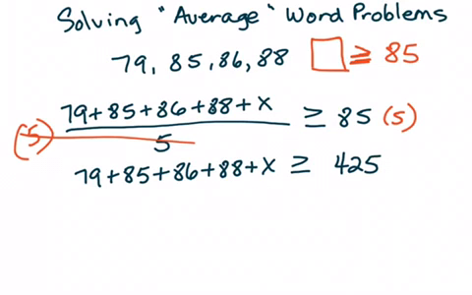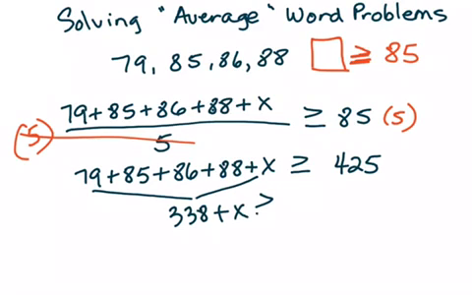All right, now when I add these numbers together, I get 338. 338 plus x is greater than or equal to 425.